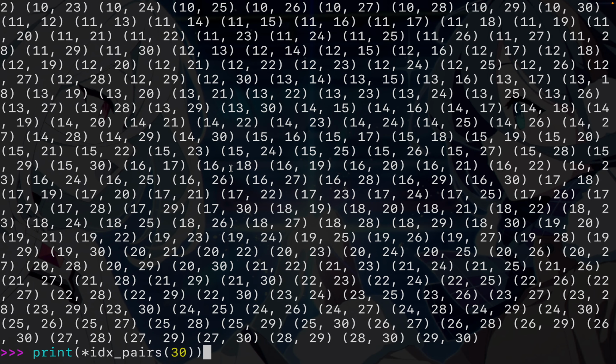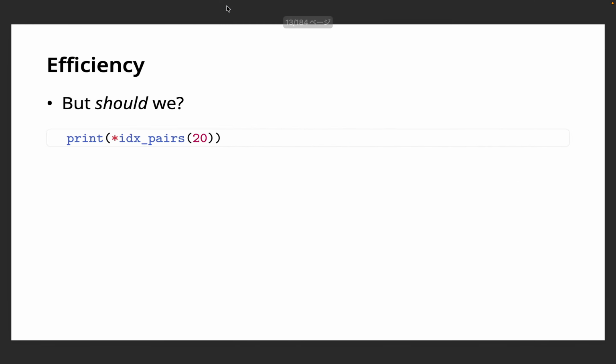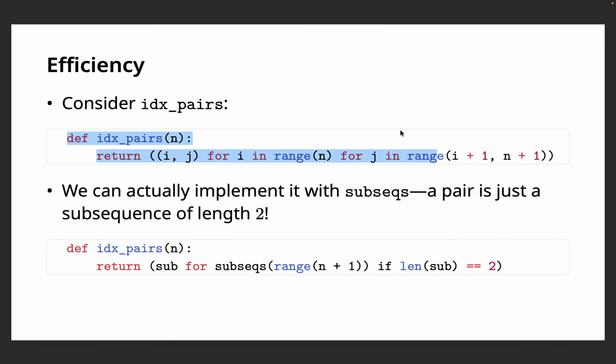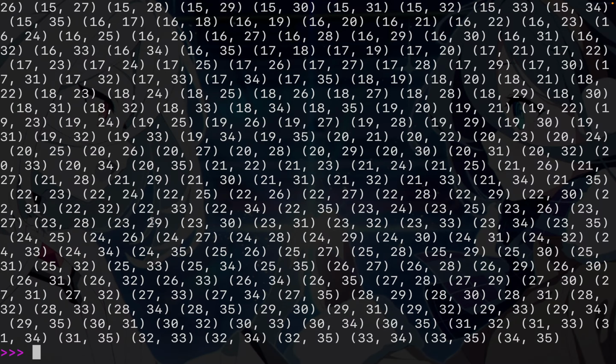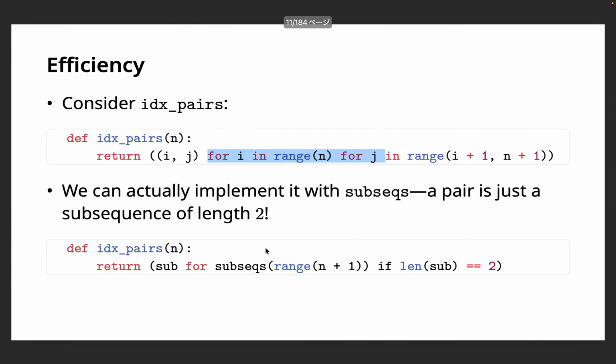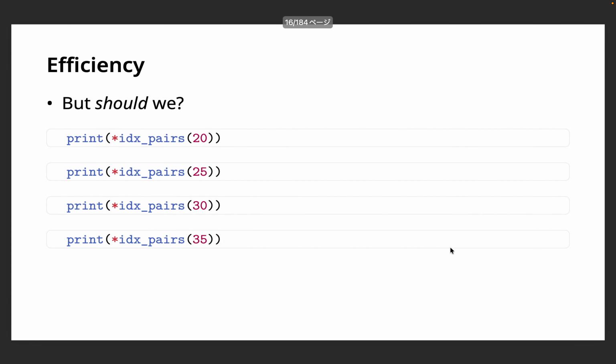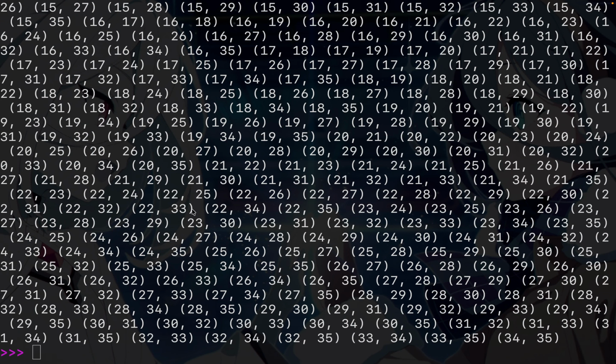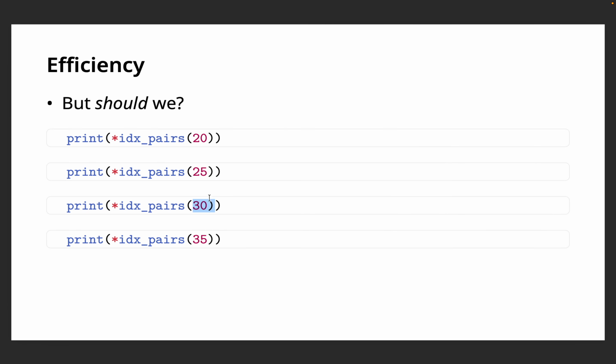30, 35, and so on, for this first implementation, where we're just doing a nested comprehension, this is going to be fast. As you can see, we're getting the answer instantly here. But for the other implementation, if you write subsequences again, then implement index pairs like this, what you will notice when you run each of these is that if you try to run it on larger and larger inputs, it's going to get slower and slower.